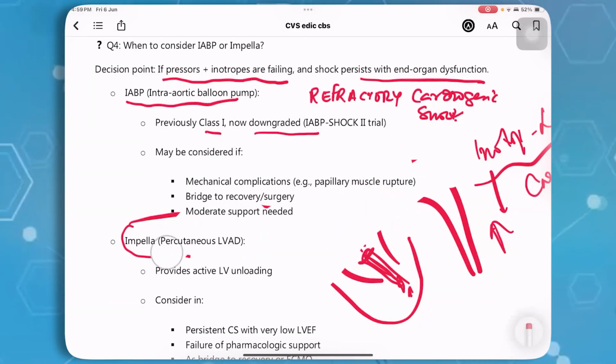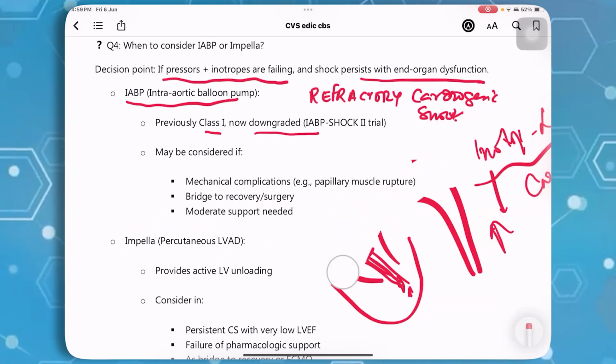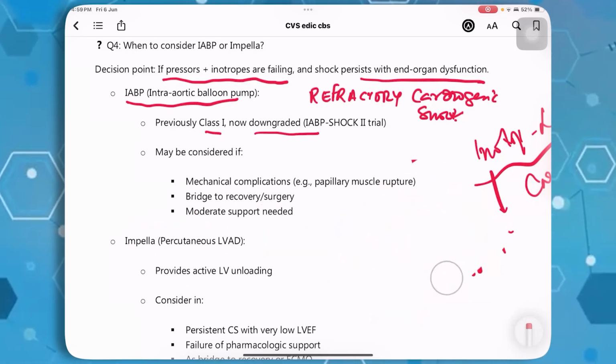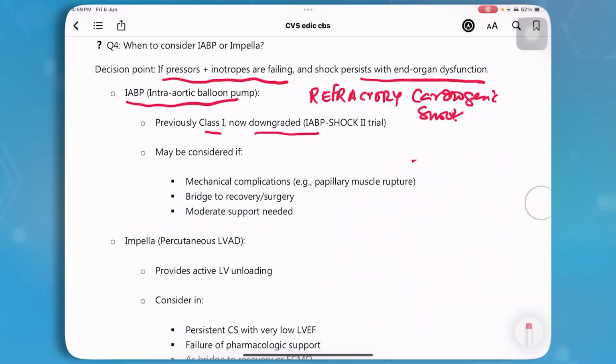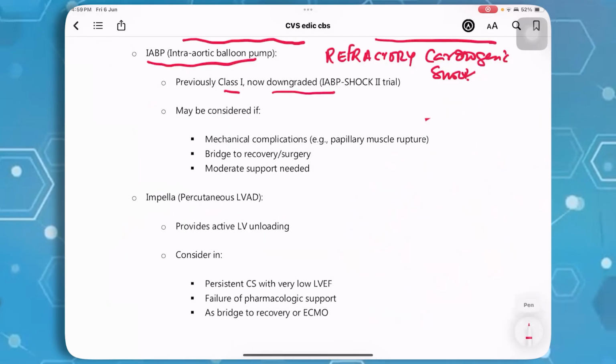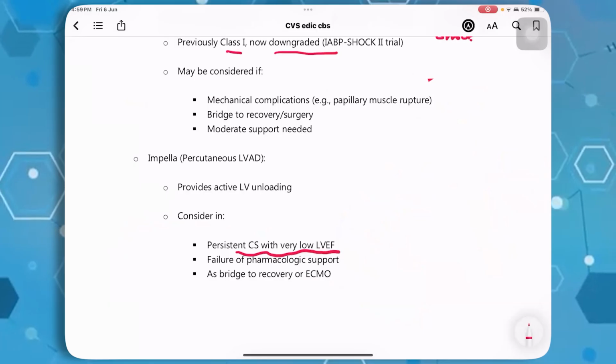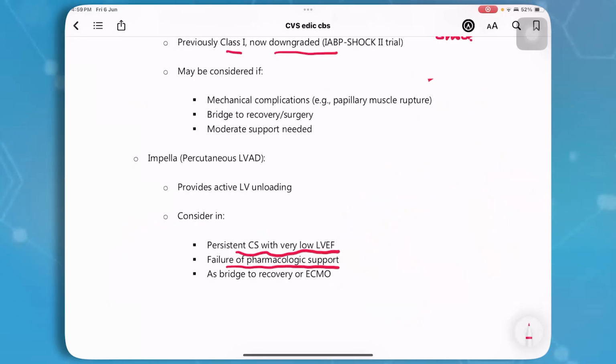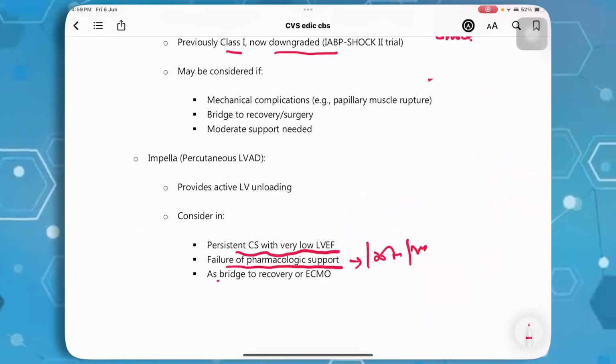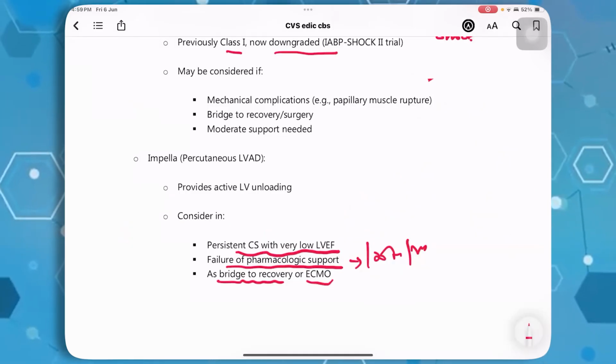So the basic principle of Impella or left ventricular assist device is unloading of the left ventricle. You should consider this in refractory cardiogenic shock with very low ejection fraction, failure of pharmacological support, that is inotropes or vasopressors, and as a bridge to recovery or a bridge to ECMO.